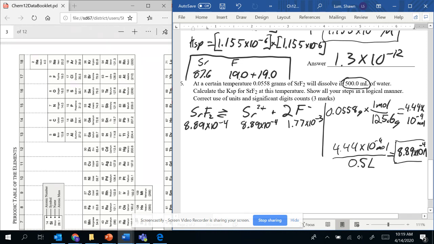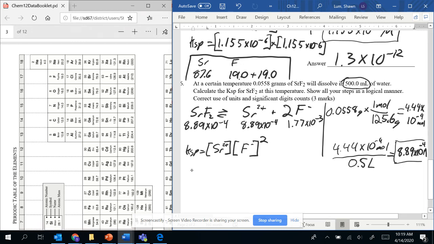Okay. Now, our Ksp expression is going to be our product, so it's going to be the concentration of Sr2+ times our concentration of F minus, and there's a 2 there, so we have to square it.